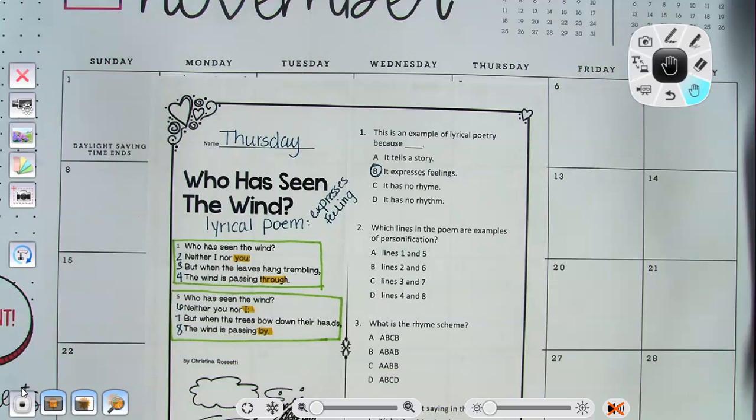Who has seen the wind? Neither I nor you. But when the leaves hang trembling, the wind is passing through. There's really no rhyme scheme to it, not a lot of rhyming, and it's not really telling a story. So it's a lyrical poem because it expresses feelings.